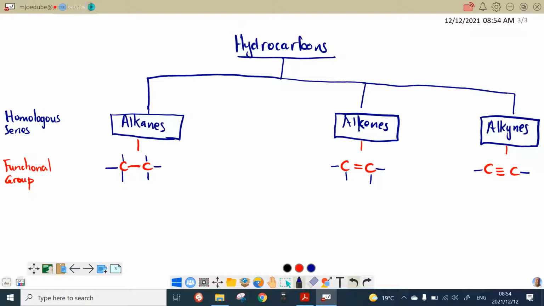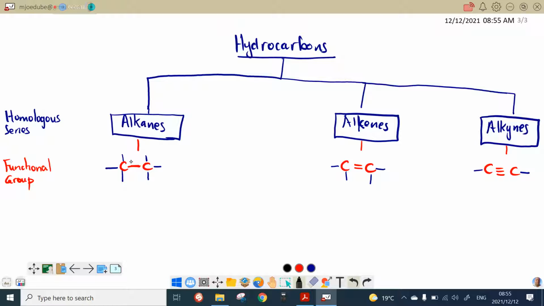So your hydrocarbons, we said these are homologous series, and in these homologous series you have different functional groups. That's what distinguishes them. For your alkanes, you're going to have a single carbon-carbon bond, and for the other one a carbon-carbon double bond, and for the other one a carbon-carbon triple bond.